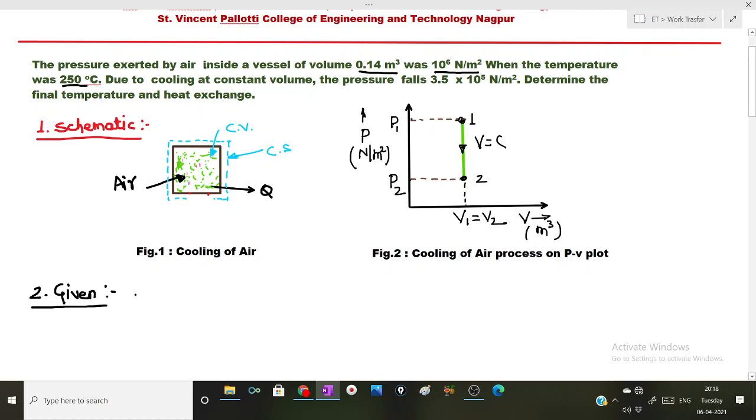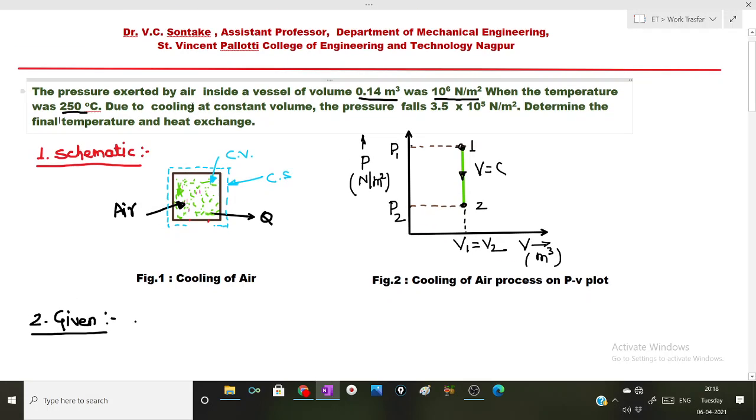So let us first draw the schematic of this problem. As you can see, there is a vessel having initial volume 0.14 meter cube and the air is inside this vessel.